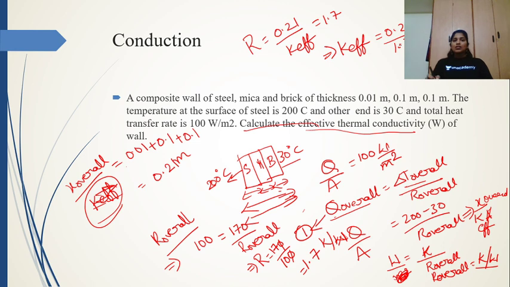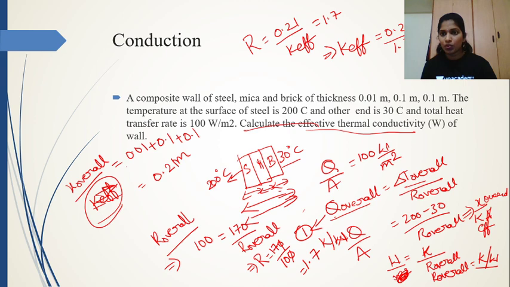Let us check whether the units are equating or not. This has meters, and the unit of R is Kelvin per watt.